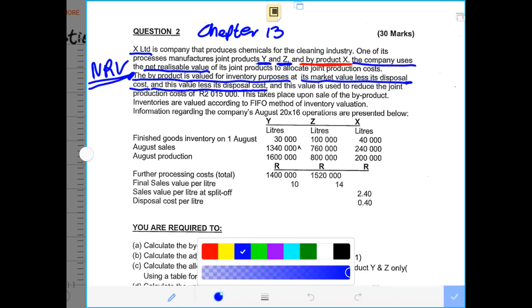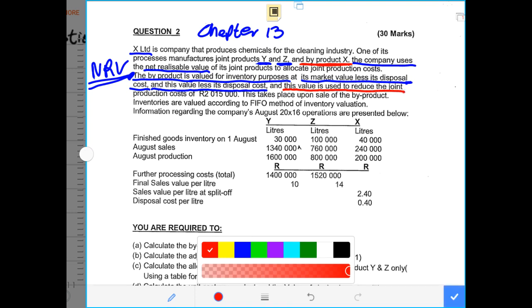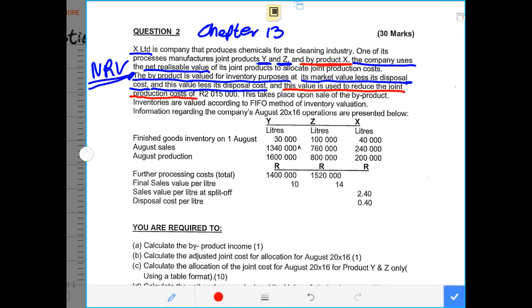They say this value is used to reduce the joint production cost of 2,015,000. So the revenue that will be generated from the sale of the byproduct will be used to reduce the production cost, which is the joint production cost.